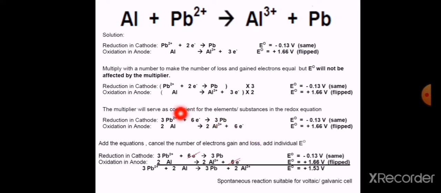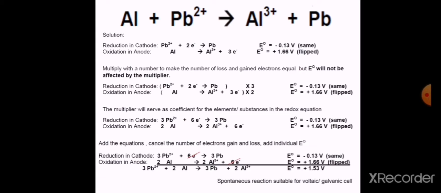Okay, so since parehas na ang electrons gains and loss natin ngayon, pwede na natin silang pag-addin, and when we add those substances that could be found in the reactant side and at the same time can be found on the product side, basta pag nakita mo silang nasa both reactant and product, pwede silang makancel. So ang maiiwan lang dito ay itong equation sa baba.